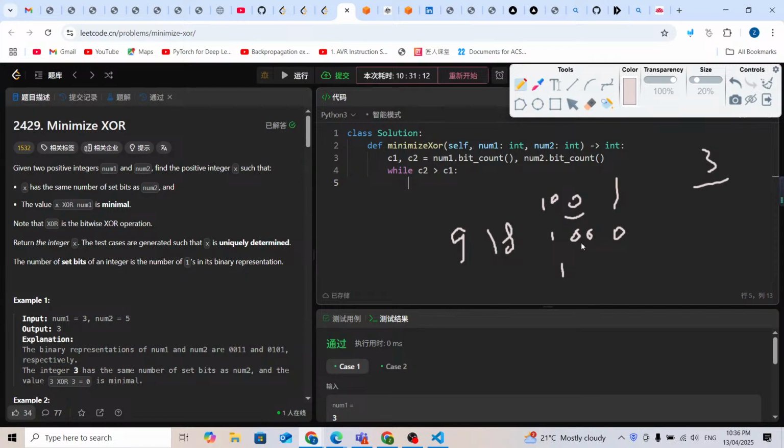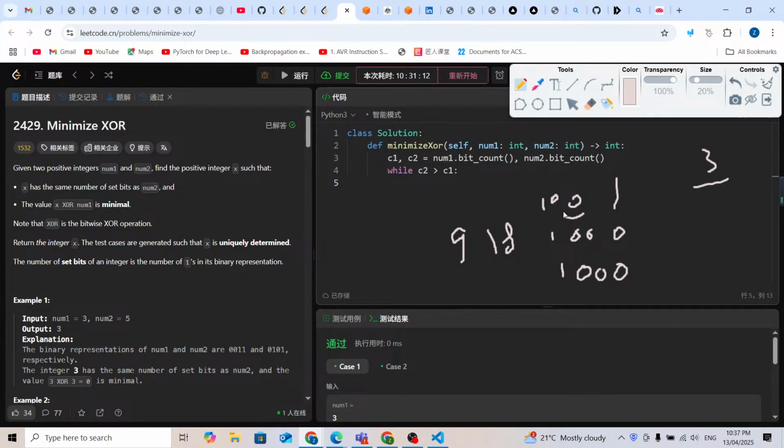This is 9, and if we use OR operation with 8, it's gonna be 1 0 0 0. It means we're gonna set 1 to 0.